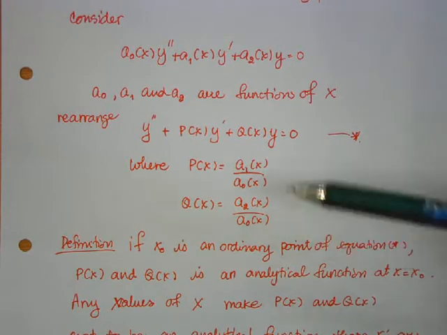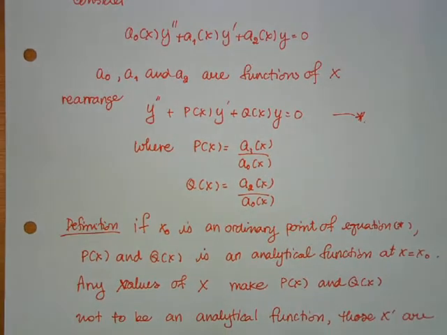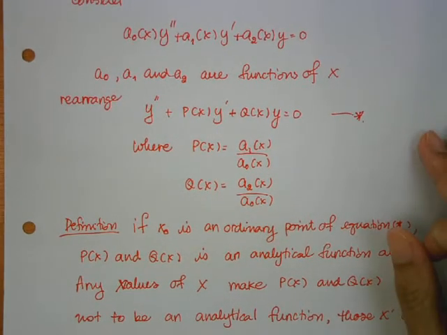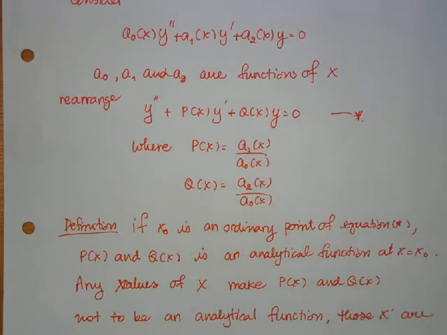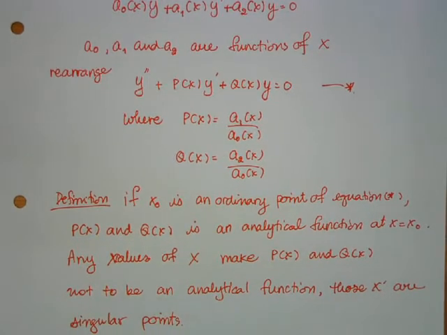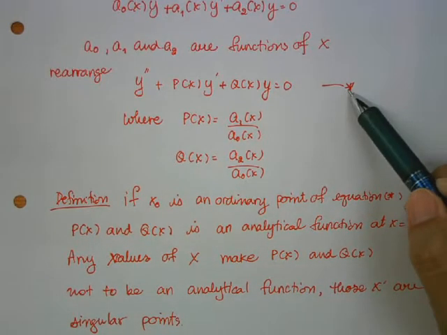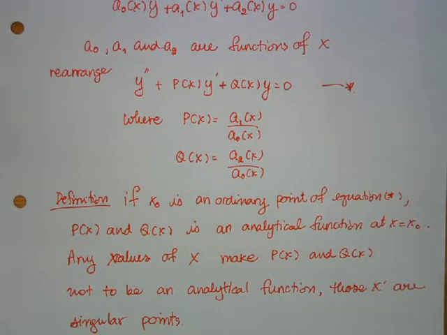So you would get p(x) equal to a1 divided by a0, and q(x) equal to a2 divided by a0. If x0 is an ordinary point of the equation, p(x) and q(x) are analytic functions at x equal to x0.